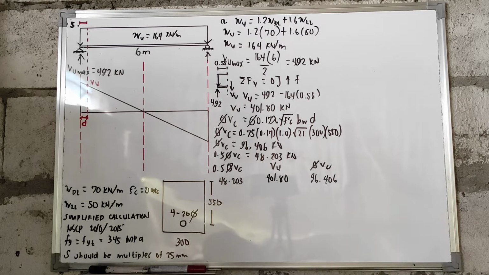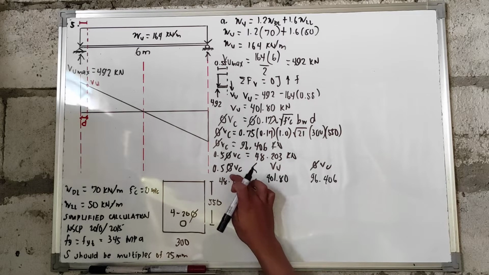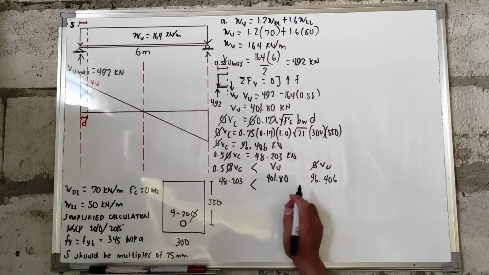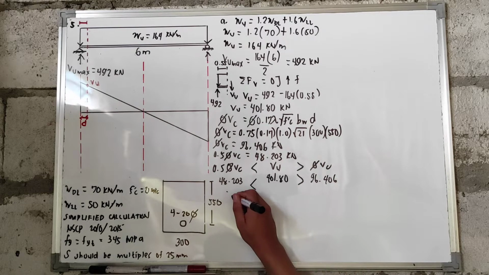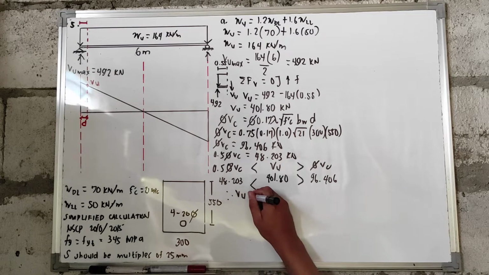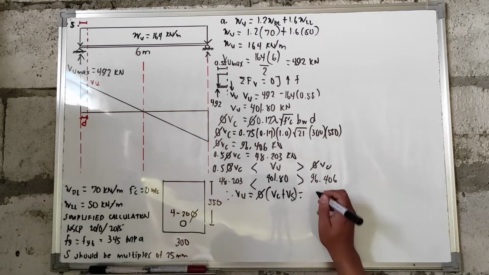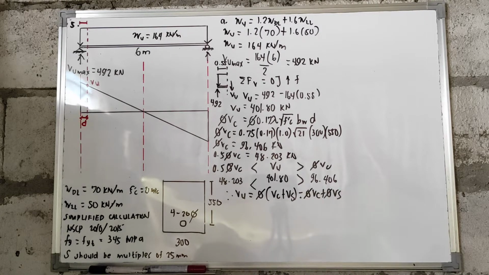So, we're going to compare that. So, less than etong 48 natin sa 401.08. And of course, greater than yung VU natin sa PVC. Therefore, yung gagamitin nating formula is VU multiplied by PVC plus V sub S. Kung ayusin natin yan, PV sub C plus P V sub S. So for this one, para makuha natin yung V sub S, substitute lang natin yung mga values natin.